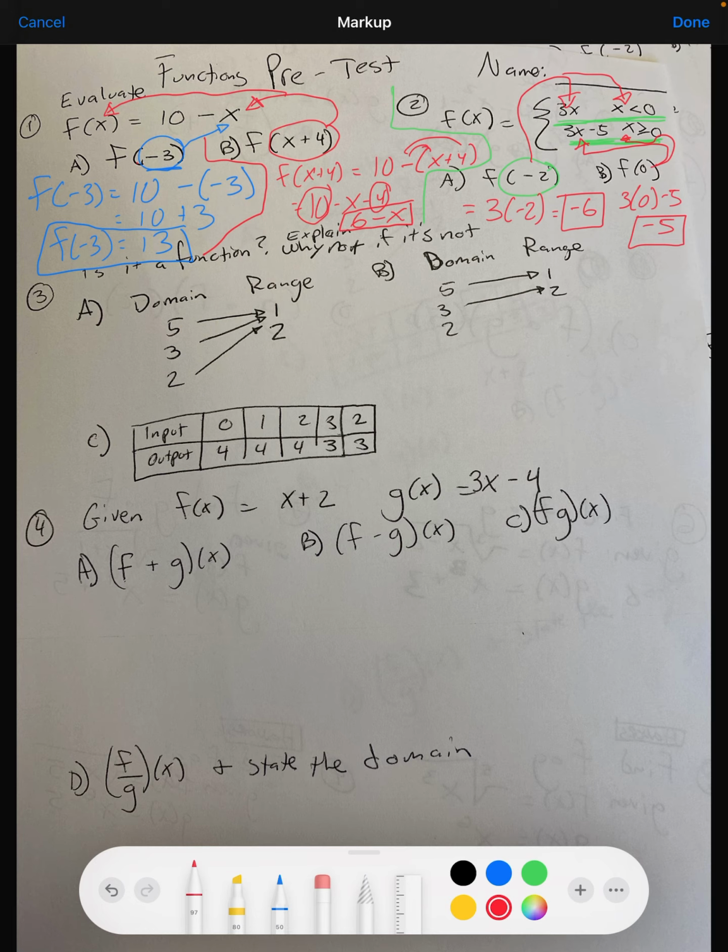Number 3, domain and range. Remember, this is the one where I described it as persons, okay, so people, and then favorite burgers.